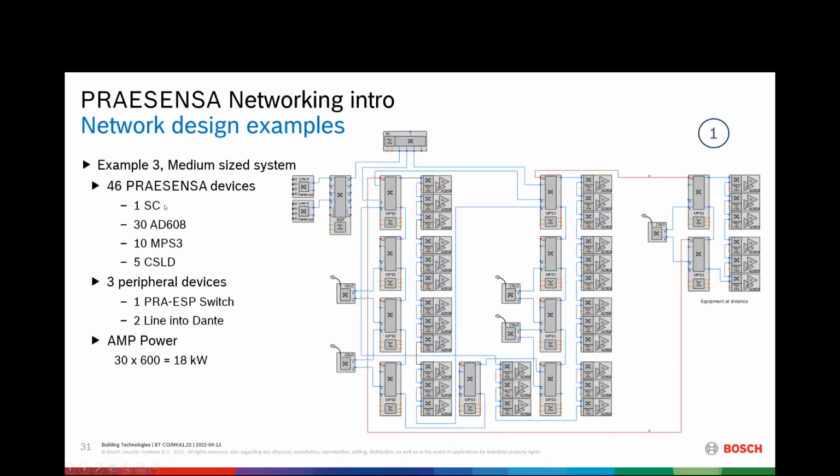So here you see the example. We now have an idea to have system equipment at distance. So that means we have here a fiber connection, this red wire, which you see here, going from here to here, and also this one from here to here.